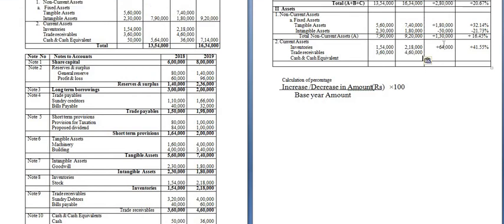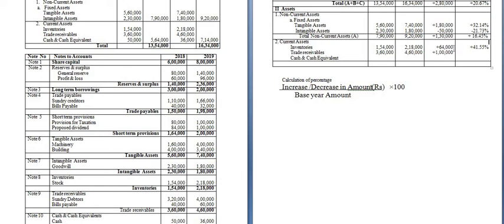Now tell me, is the amount increase or decrease? It is increase. How much? 4,60,000 minus 3,60,000, increased by 1 lakh. So write here a plus sign.